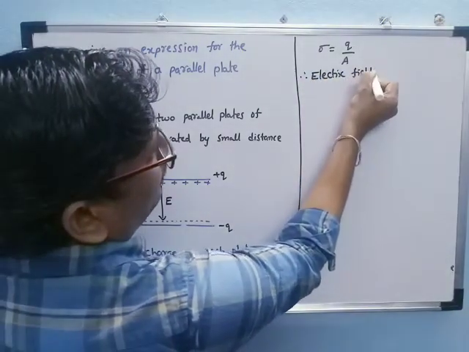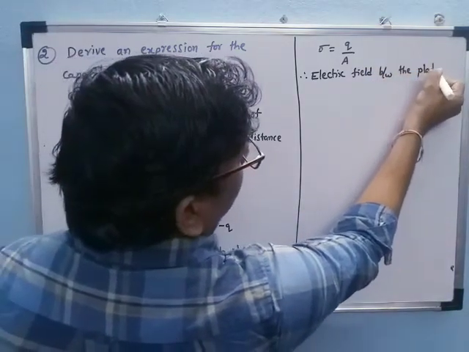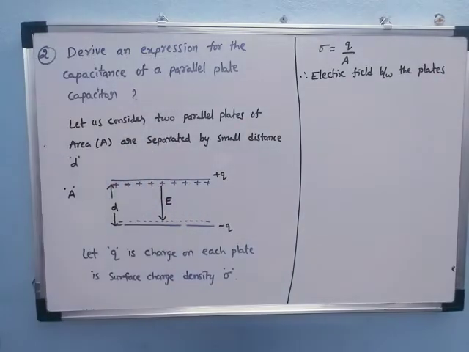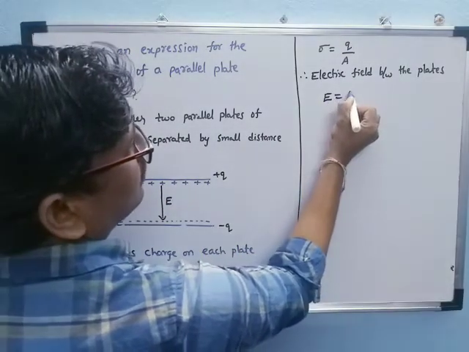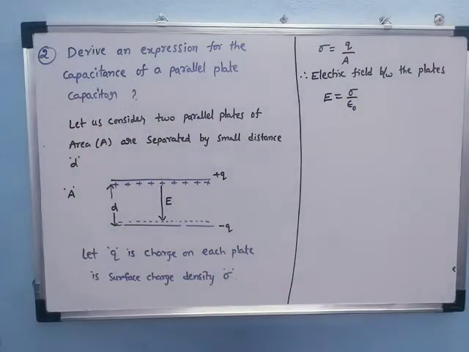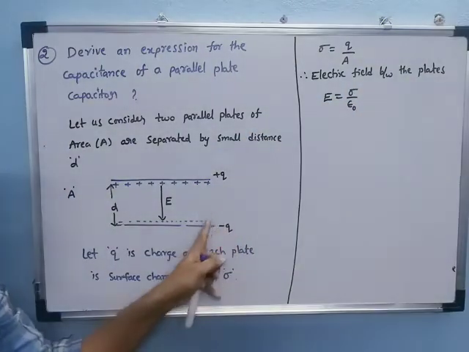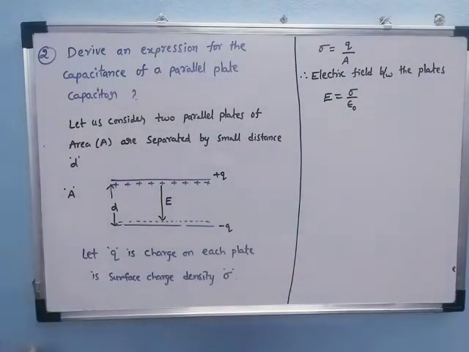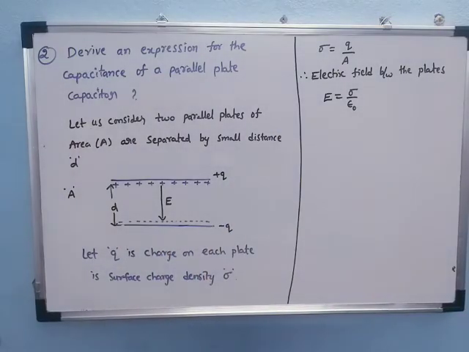The electric field between the plates is E equals sigma by epsilon naught.